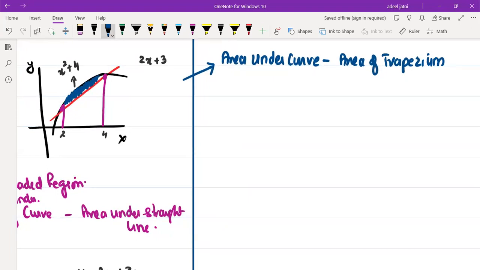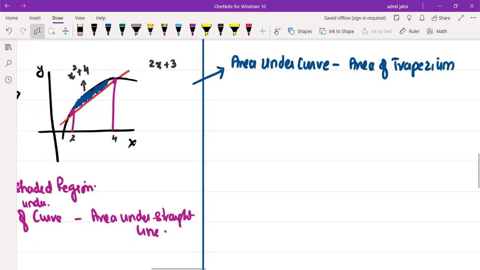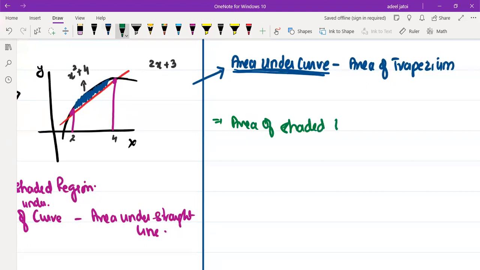What you can directly do is, you can find out the area under the curve, and then you can subtract the area of the trapezium. So you will again have the area of the shaded region.